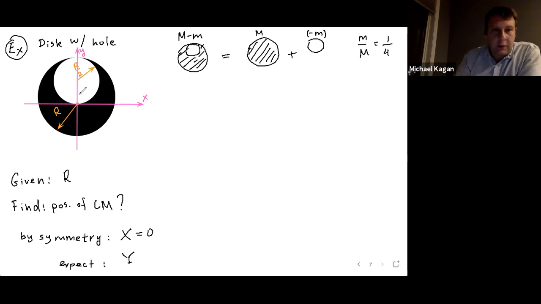Positive y-axis, so somewhere here inside the hole? Down here, according to Alvin. Okay, so we have two different opinions.